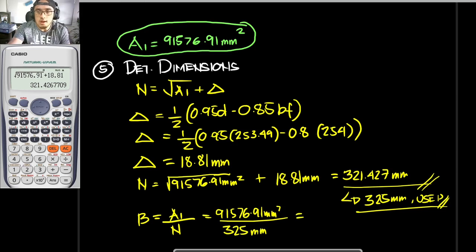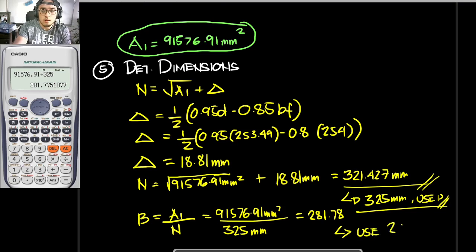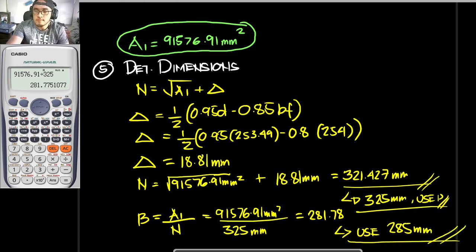So the answer here would be 91576.91 divided by 325. So 281.78, round up ulit natin, pero lagay lang muna natin yung theoretical value. So use 285 mm. So we already have our B and our N. Guys, nakasunod pa ba?